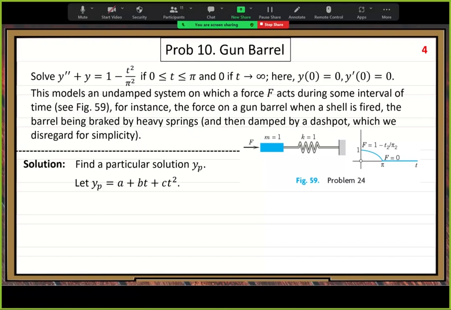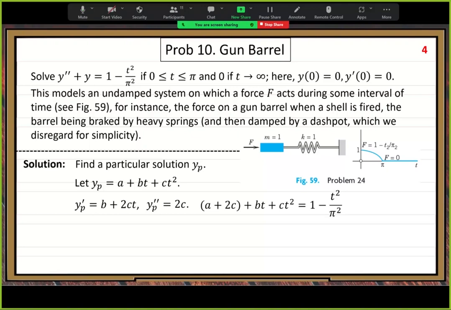Then we take the first derivative, second derivative. Pretty simple. So let's put it back to the original equation.